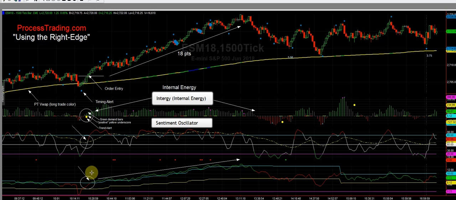Lastly, on our discretionary trade indicators, we're looking at the short-term trend oscillator. Now, the short-term trend oscillator has the upper and lower bounds, but it also has a pullback line here where when price hits that, it very often will pull back.